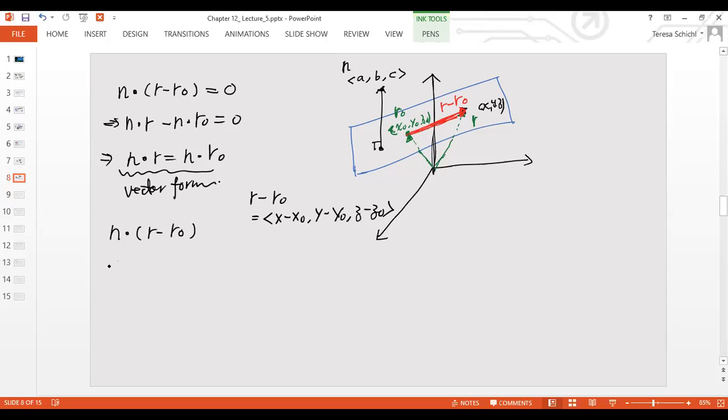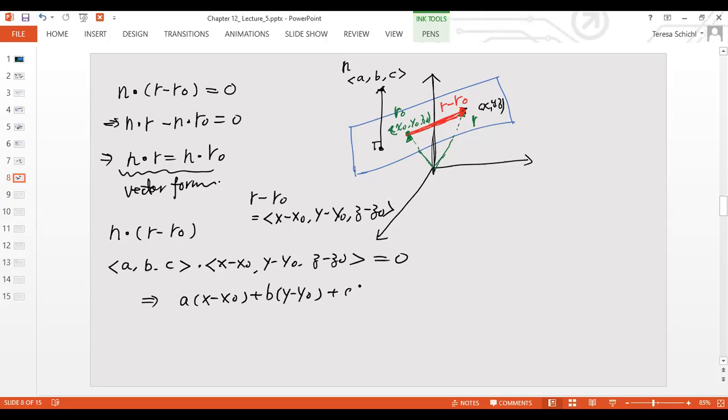That means n is (a, b, c), and the dot product with (x minus x0, y minus y0, z minus z0) is equal to 0. So you can write this as a(x minus x0) plus b(y minus y0) plus c(z minus z0) equal to 0.